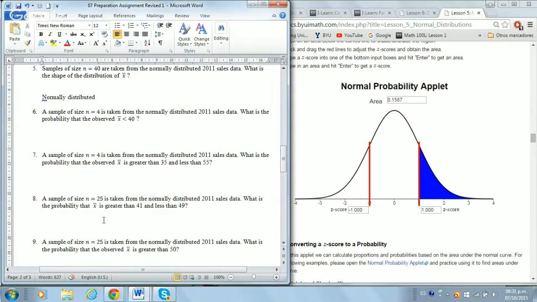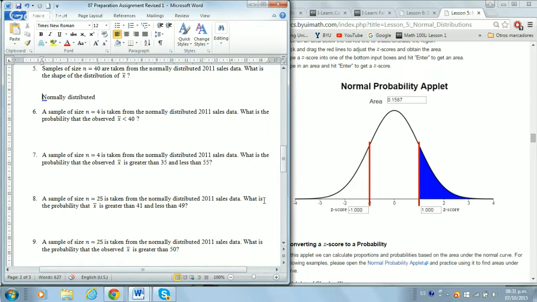I completely understand. Okay, so number 7 then, let me see how I do on this one. A sample size of n equals 4 is taken from the normally distributed 2011 sales data. What is the probability that the observed X is greater than 35 and less than 55? So you take greater than 35.